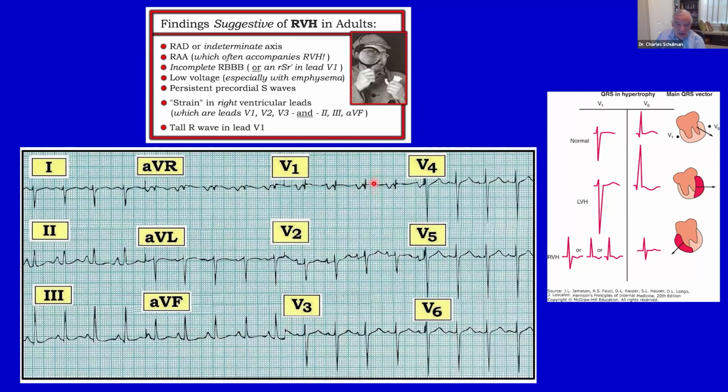So that's very suggestive of RVH in a patient with COPD, and tall peaked P wave in lead 2, called P pulmonale, indicates right atrial abnormality. So that goes along with the RVH in this patient with emphysema.